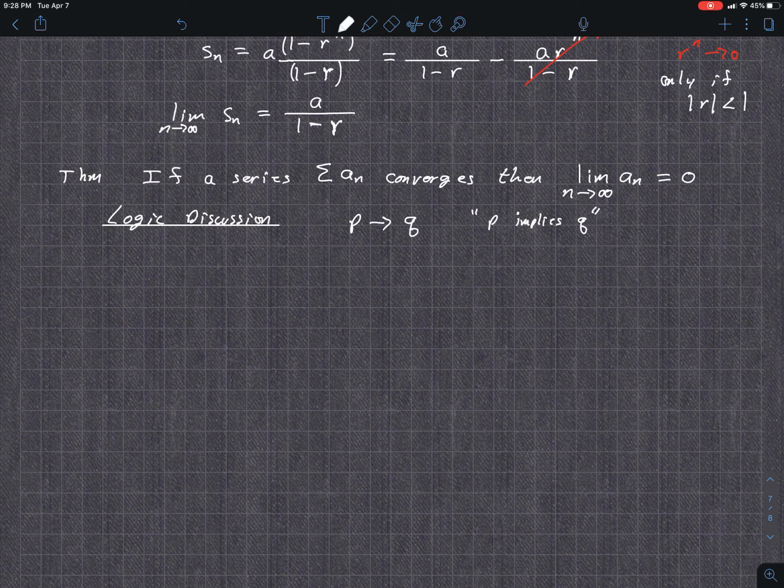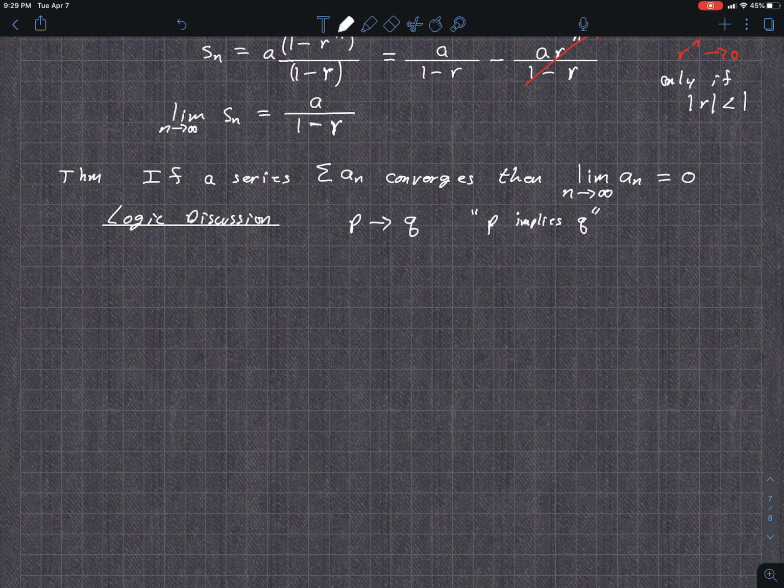So if you have P implies Q, read P implies Q, then it's an implication in one direction. Here's an example.